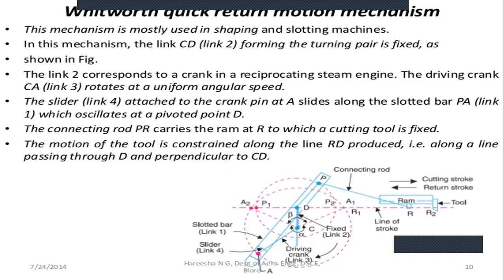So these are the links and the working of the mechanism. The connecting rod PR carries the ram at R position, to which a cutting tool is fixed.